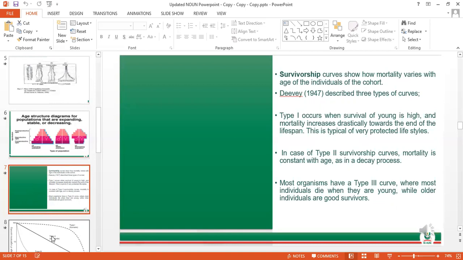You have to consider this because it will influence whatever method you use in calculating or describing any population. So these three are very, very important.